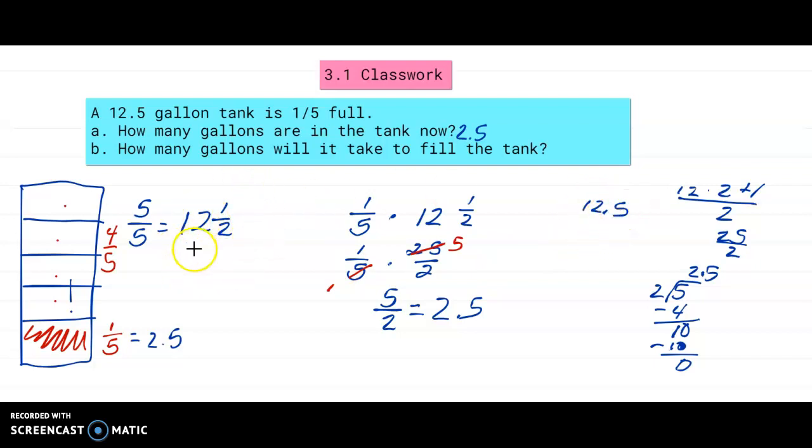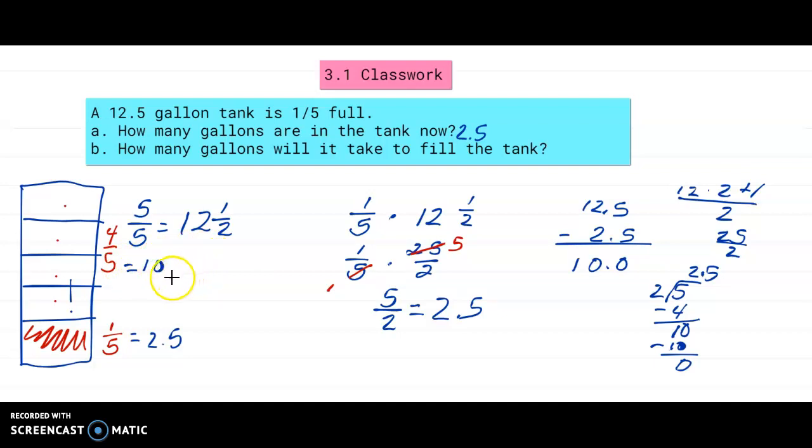That's full. Okay, 12 and a half is full. But I already filled it with 2.5 gallons, so I'm going to subtract. So 5 take away 5 is 0. 2 take away 2 is 0. I'm going to bring my decimal down, and 1 take away nothing is 1.